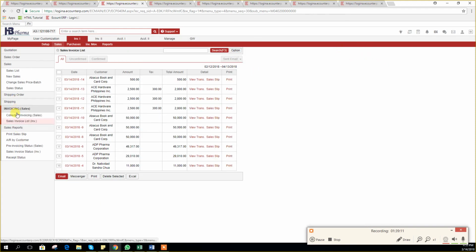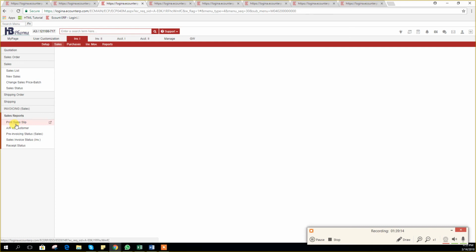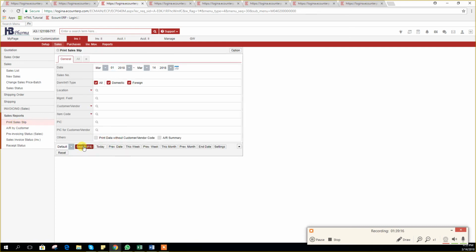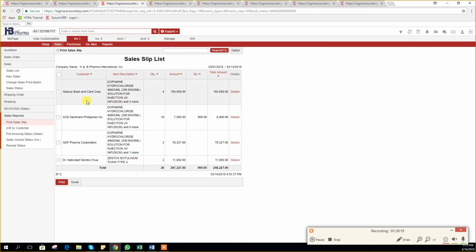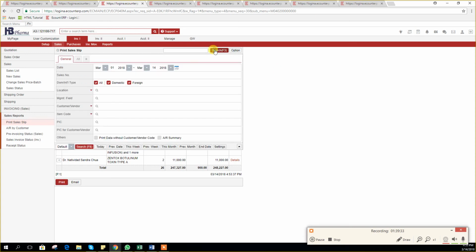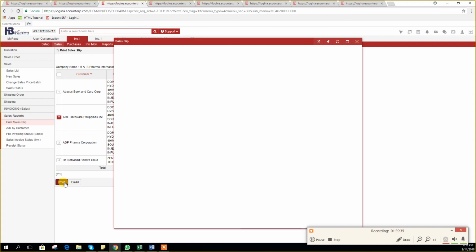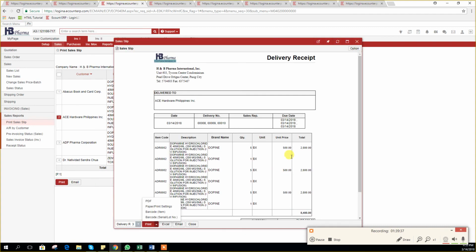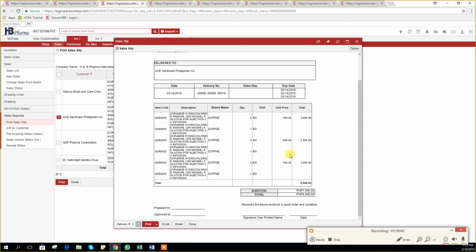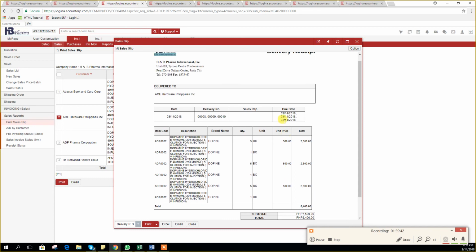I would like to print the sales slip now. Now let's say I search this. Now I need to combine these two. This is Hardware Philippines. I combine the two and print it out. See, this is now combined together with different due dates.